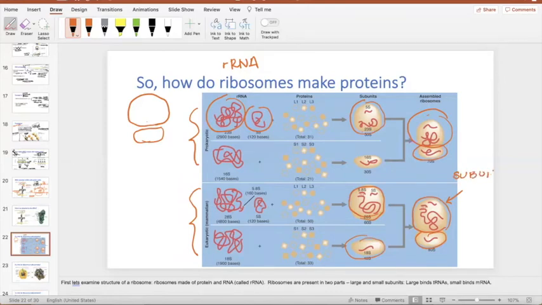So both prokaryotes and eukaryotes have large and small subunits, okay? What is different is that prokaryotic ribosomes have a little bit different proteins and different RNA than eukaryotic ribosomes do. Consequently, they are slightly smaller, but they function in exactly the same way, okay?